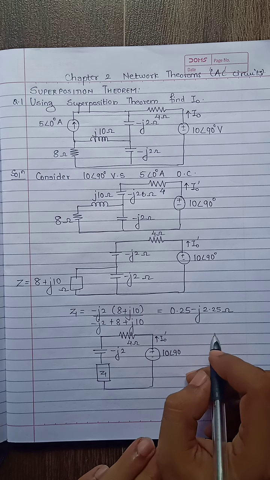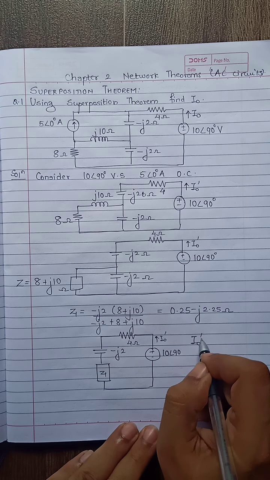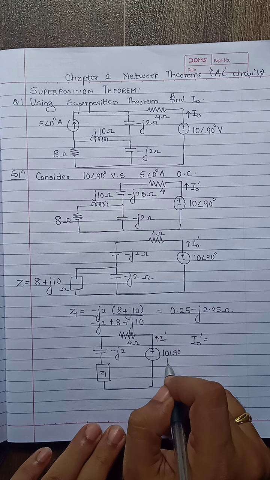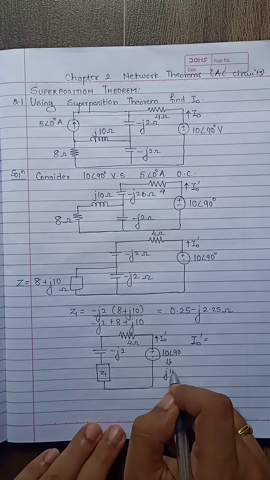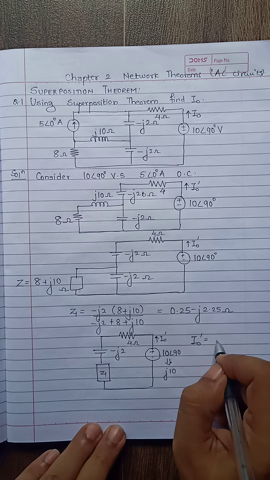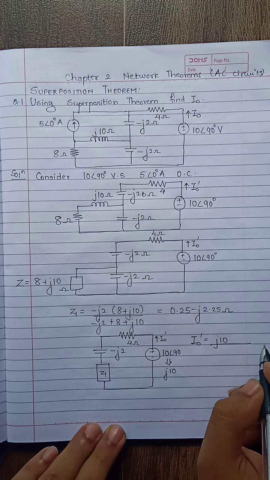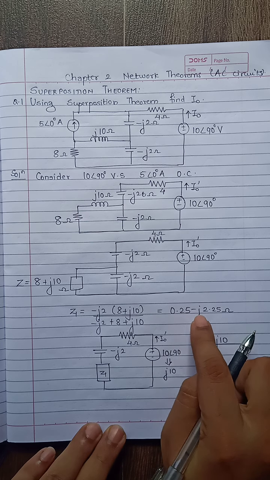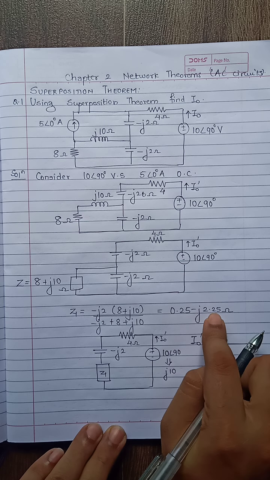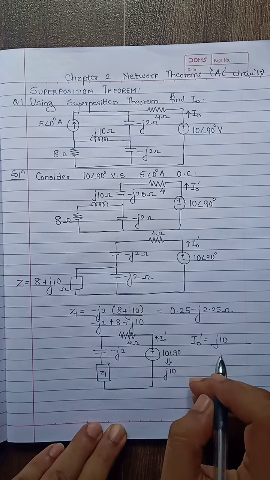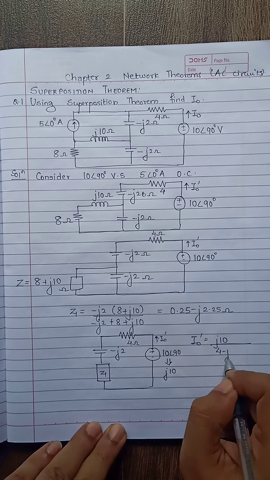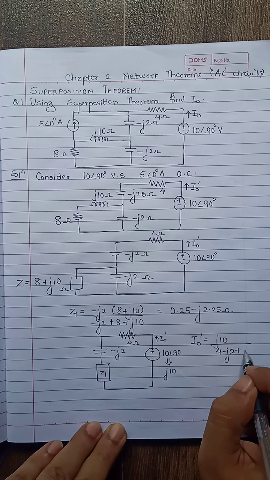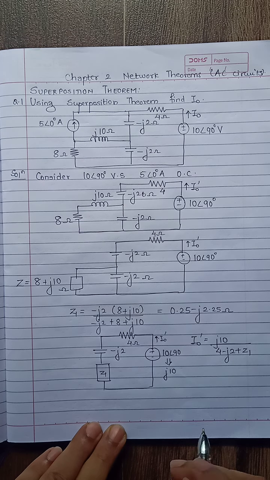So now I can find I0 dash very easily, total voltage upon total impedance. So this is equivalent to J10 upon total impedance, which is 0.25 minus J2.25 plus 4 minus 2J, that is Z1 which we have found out.